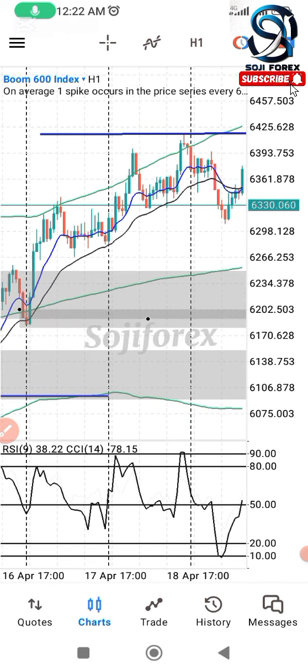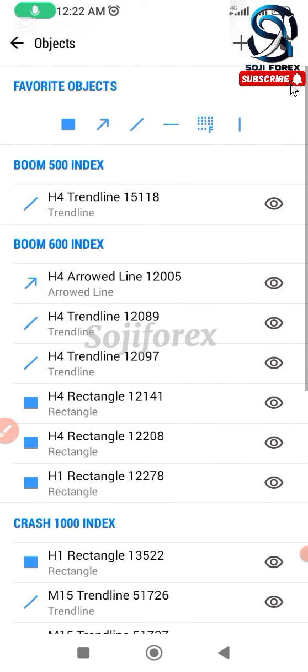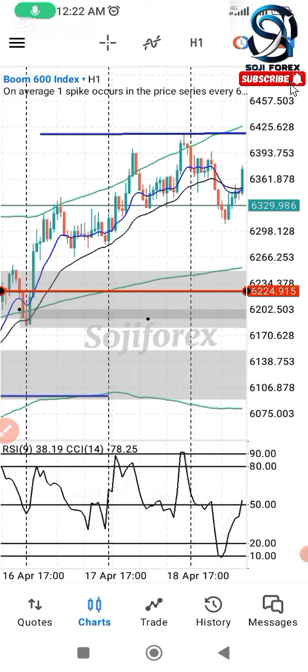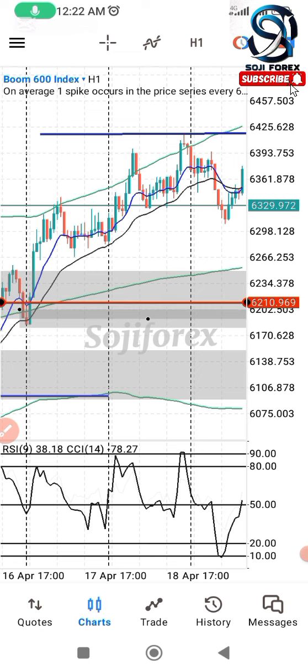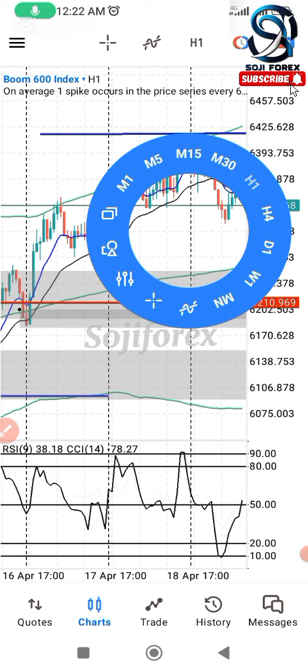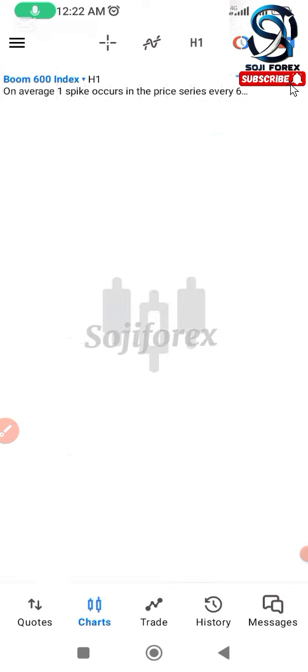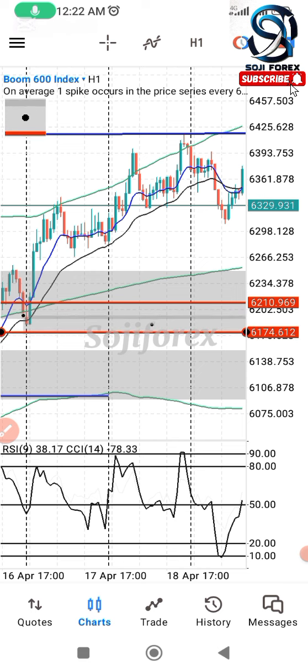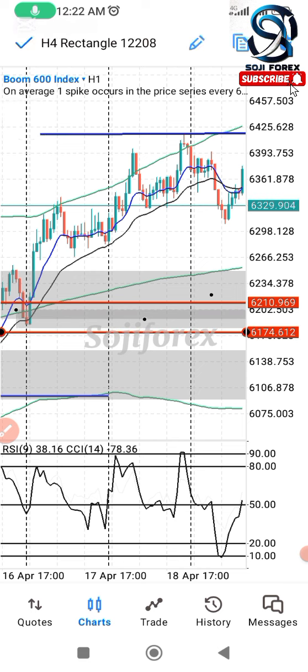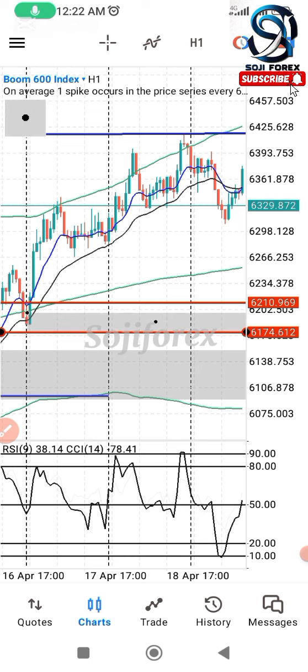So what do I want to see? All I want to see, let me use a horizontal line to mark the order block. Okay, now I have marked the order block successfully, which is inside my smart money cube.